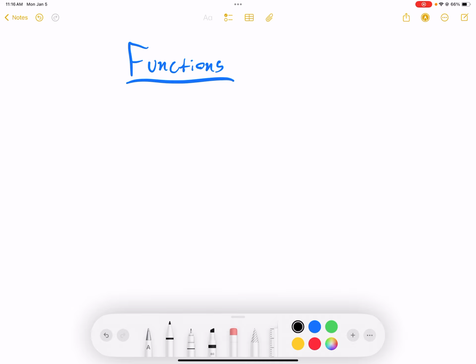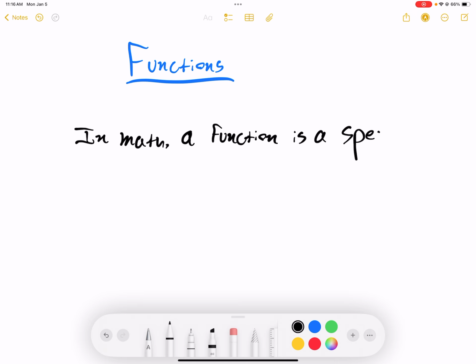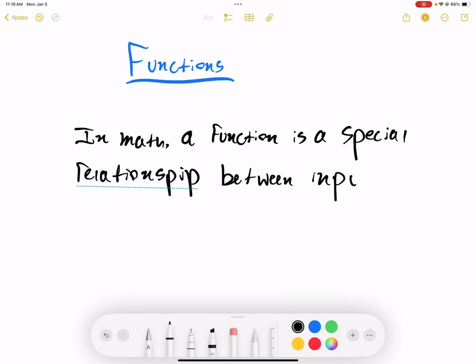So the definition of a function, this is the definition. In math, a function is a special relationship between inputs and outputs.